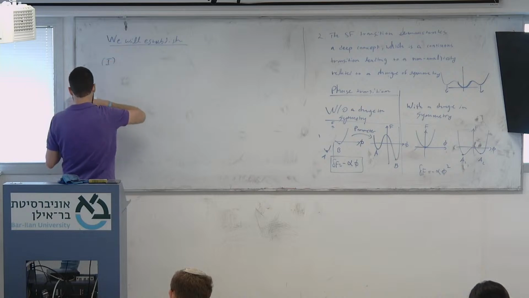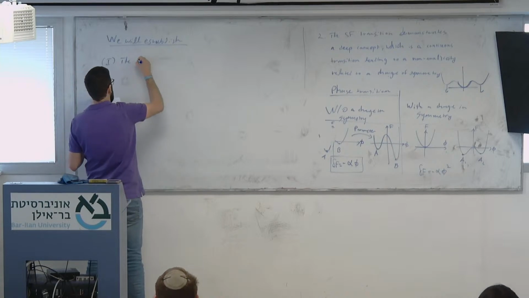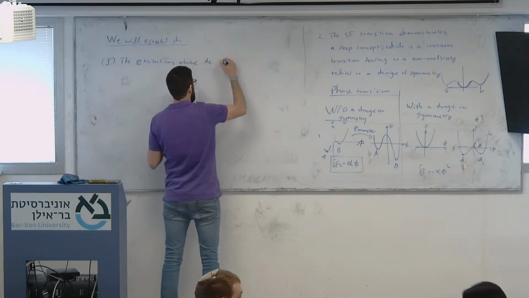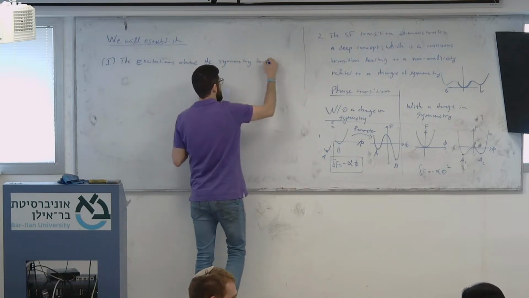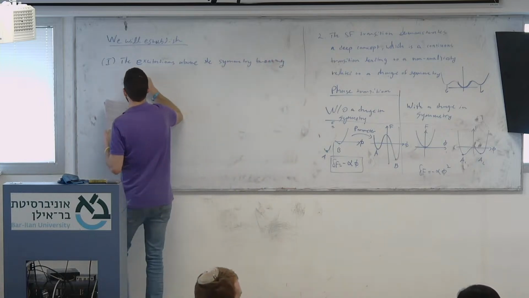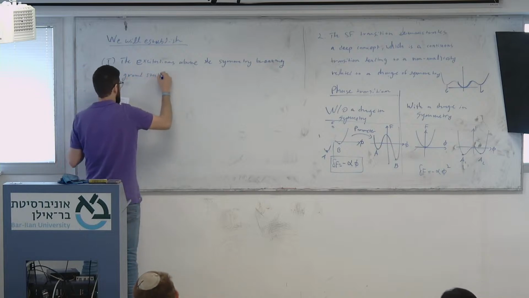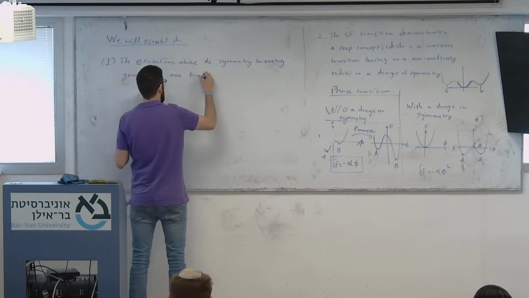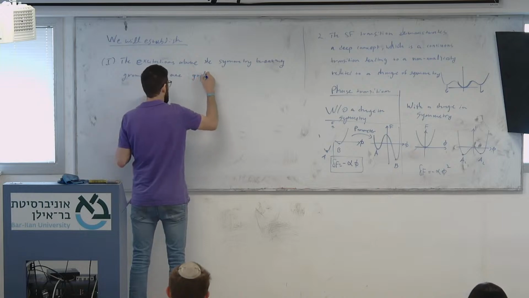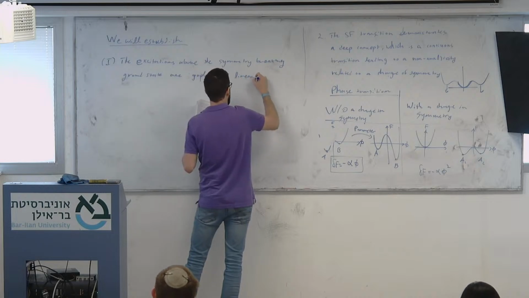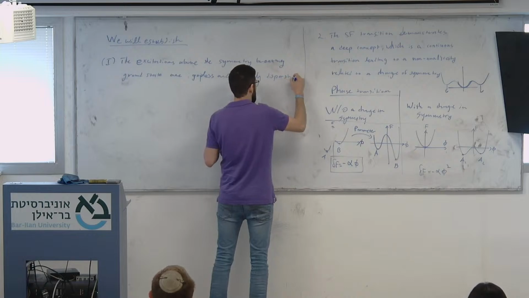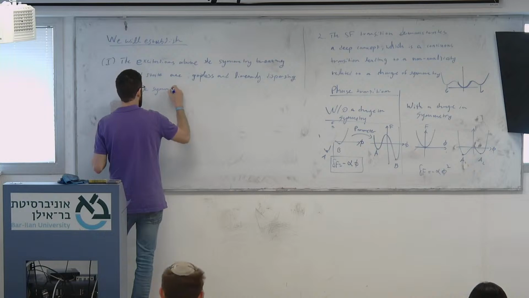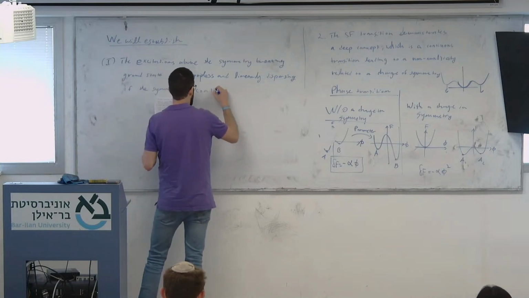So the first thing is that the excitations above the symmetry breaking ground state are gapless and linearly dispersing if the symmetry is continuous.